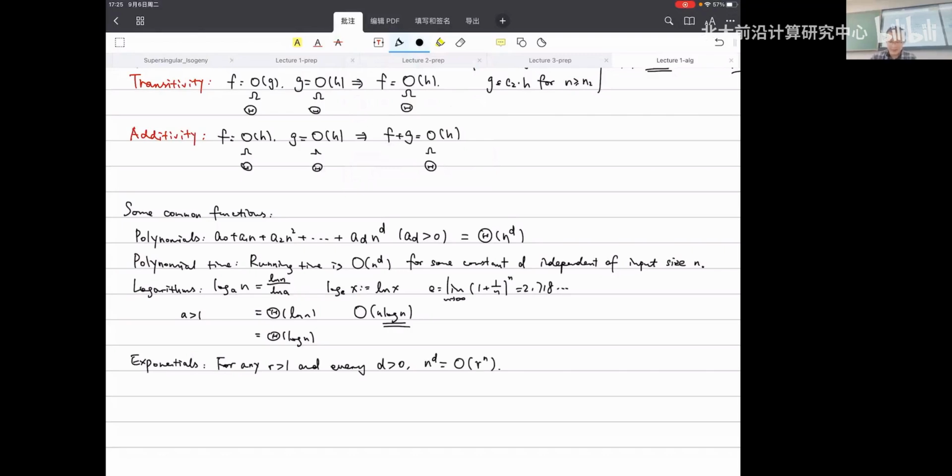Even if this is like 1.01 to the n, this is in general larger than n squared. This is also from standard calculus, and it just means that exponentials are typically faster than polynomials. We want to emphasize this more: it's faster than every polynomial.